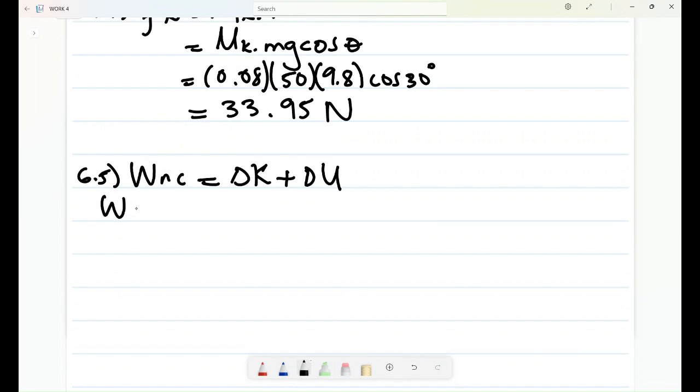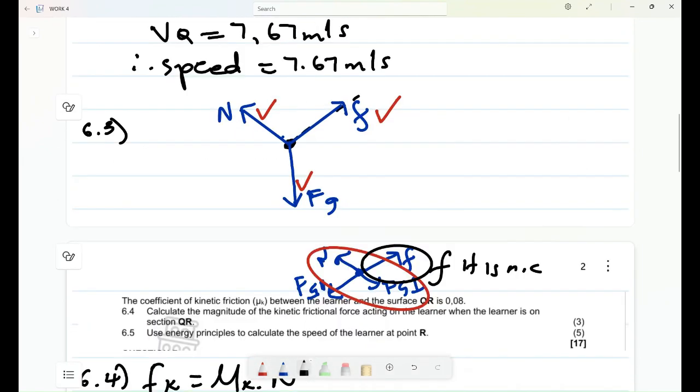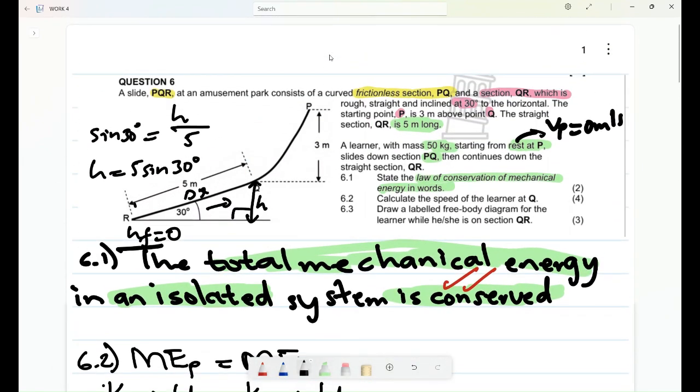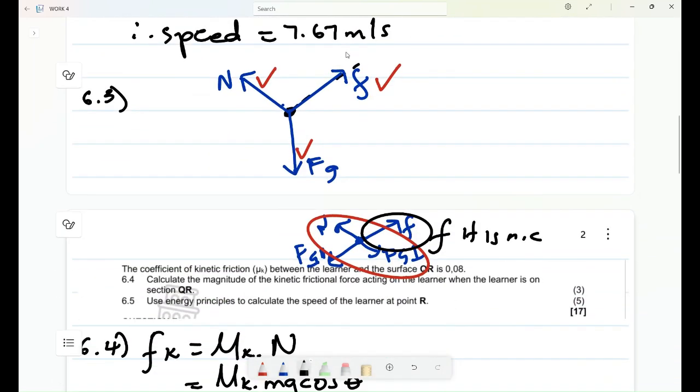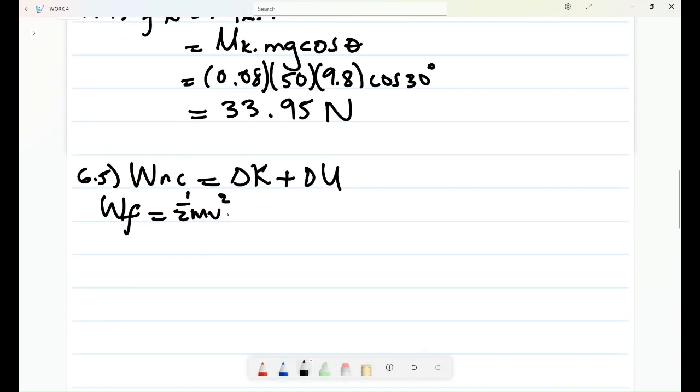So I'm going to say work done by friction is equal to half mv squared at R, which is the final, minus half mv squared initial, which is at Q, it started at Q, plus mgh at R, which is the final, minus mgh at Q, which is the initial.